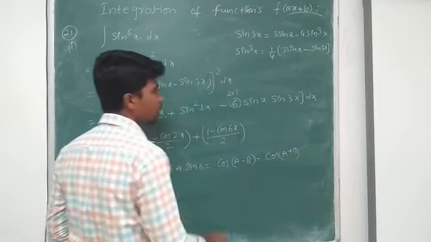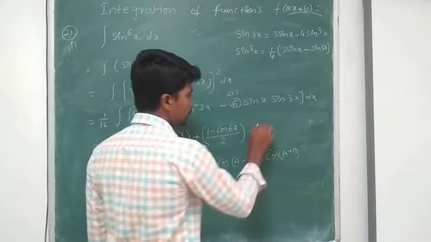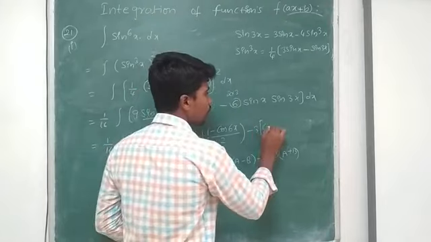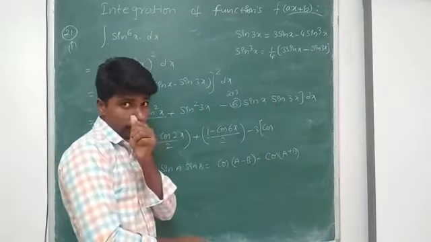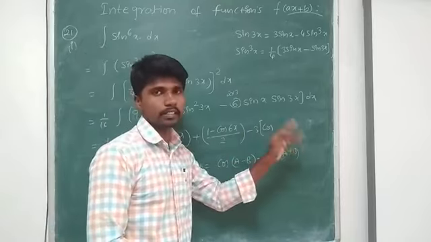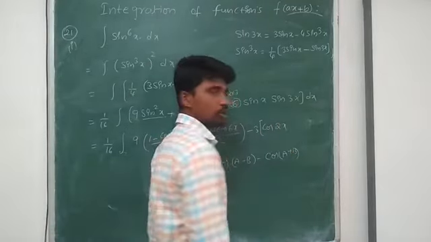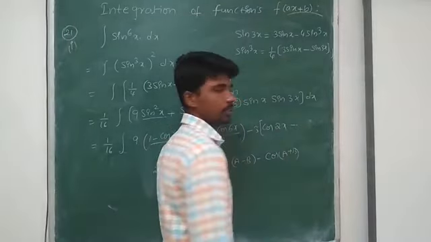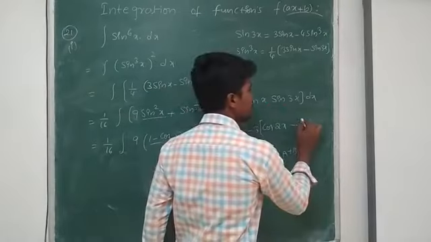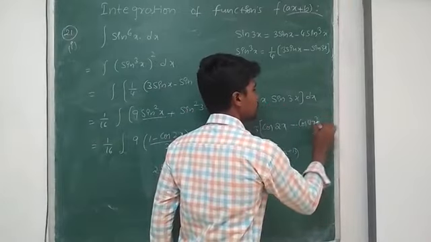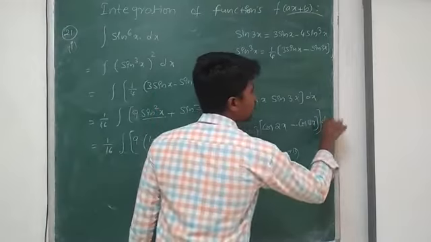So if I use that formula in this particular case, then I get minus 3 into cos a minus b, x minus 3x, minus 2x, but cos of minus theta is plus cos theta, so I get minus cos 2x minus cos a plus b, x plus 3x, cos 4x dx.